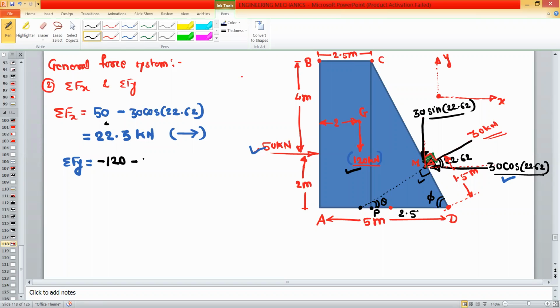So it is minus 30 sine 22.62. So these are only two forces in the Y direction. So we will get the value. So this is minus 131.53. Unit is kilonewton.